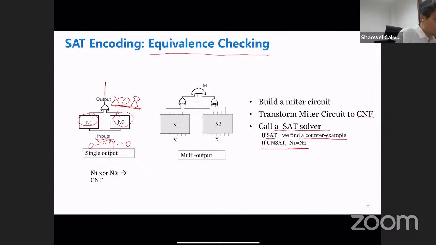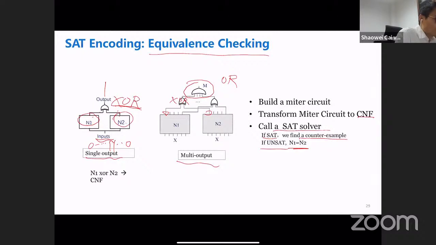Okay, this is the case for only a single output. For multi-output circuits, it's very similar. For each pair of outputs of the two circuits, we connect them by an XOR gate.